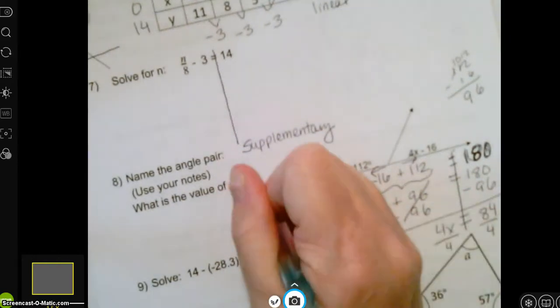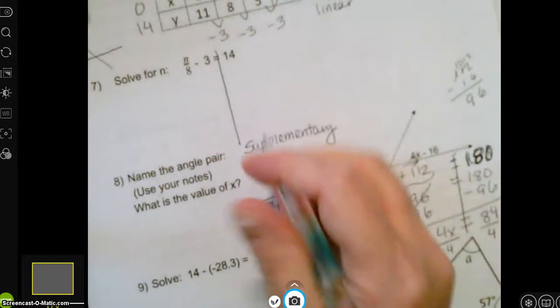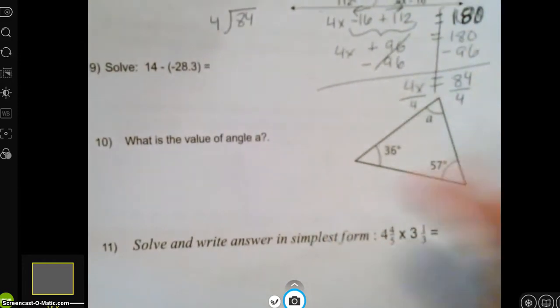And we divide both sides by 4. I am going to have you do that. So I want you to divide that, and whatever you get, x equals that number. Okay?